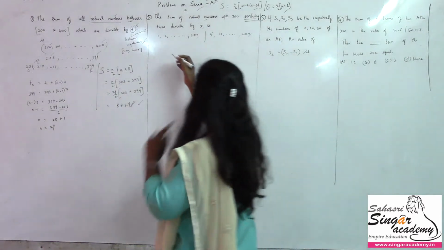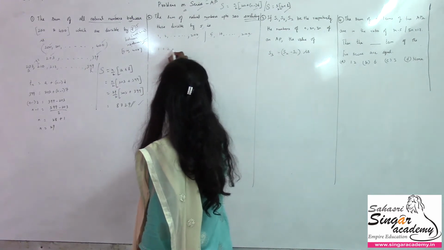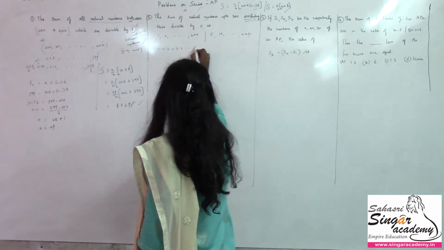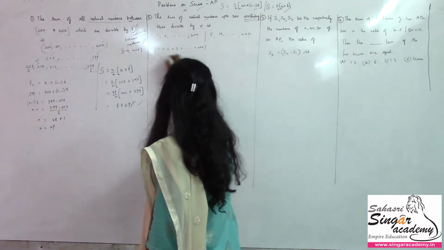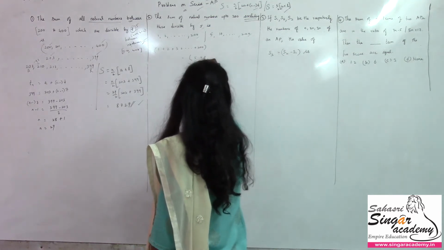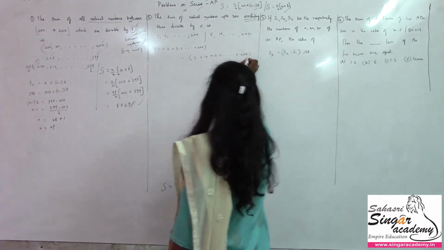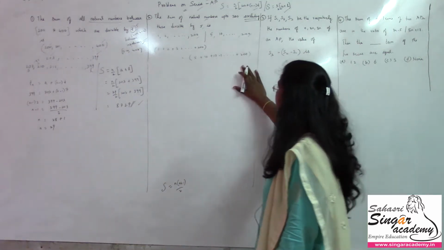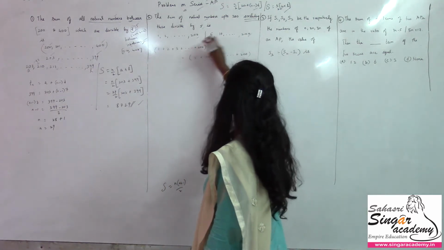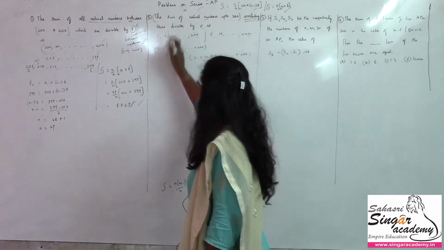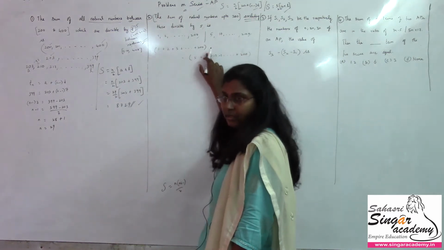So I have 1 plus 2 plus 3 up to plus 200. From this I am going to exclude 5 plus 10 plus 15 up to plus 200. The sum of all the natural numbers up to 200 is 1 plus 2 plus 3 up to 200.